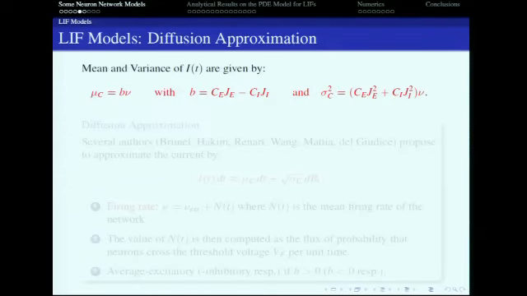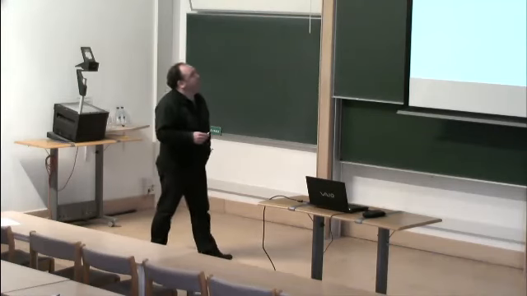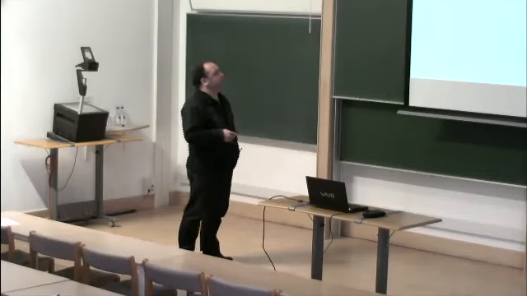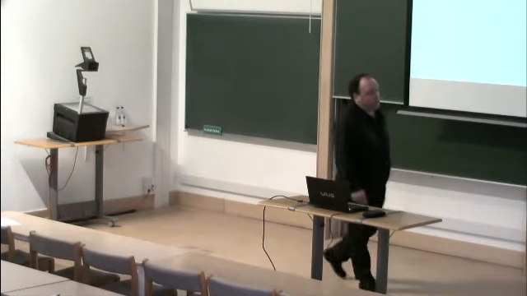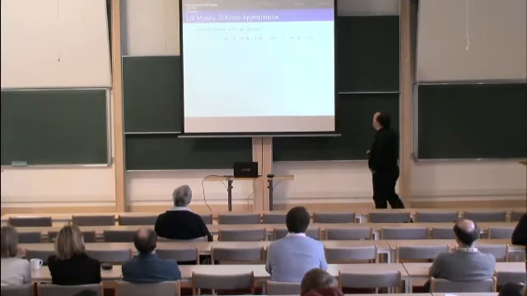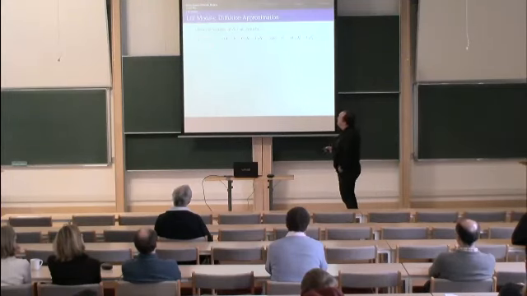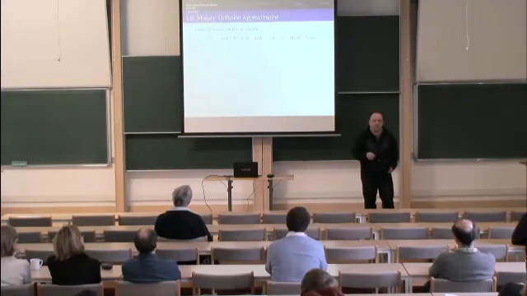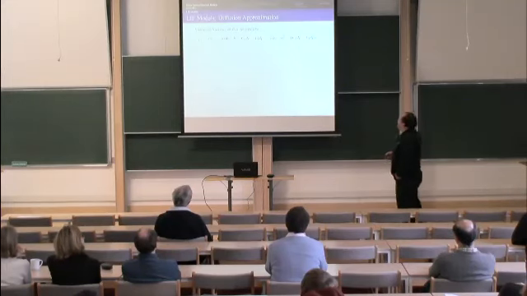Good. So then you can compute the mean and the variance of this external current that goes into the equation for the evolution of the action potential. And just by using the formulas of the mean and the variance of the corresponding Poisson process, you arrive at those formulas over there. The mean of this I of t is b times nu, where b is that quantity obtained in terms of the strength and the number of neurons of each type.